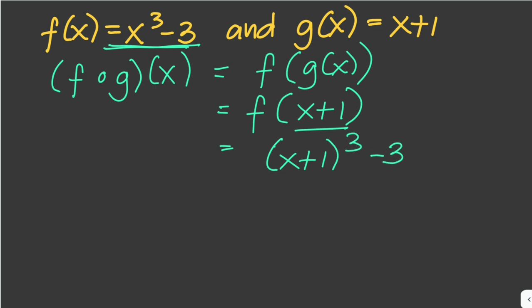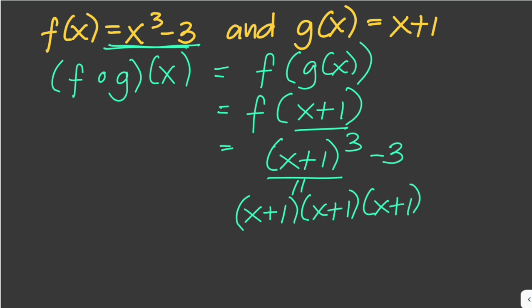minus 3. And then let's expand x plus 1 cubed. So x plus 1 cubed here is just equivalent to x plus 1 times x plus 1 times x plus 1. The cube of a binomial. So multiplying these two binomials, this would give us a result of x squared plus 2x plus 1.